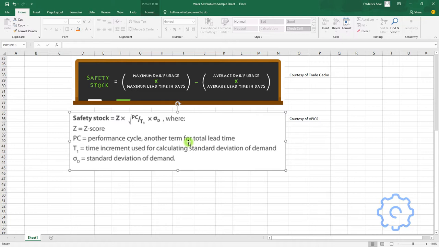So basically, you're creating a number that includes your service level. It includes the standard deviation of the demand. Then it includes a factor that is the performance cycle divided by the time increment that the standard deviation of demand is used for. And that'll give you a safety stock calculation. Now, once again, I highly recommend that you use data that's very representative of the current conditions that your product is subjected to in the market.